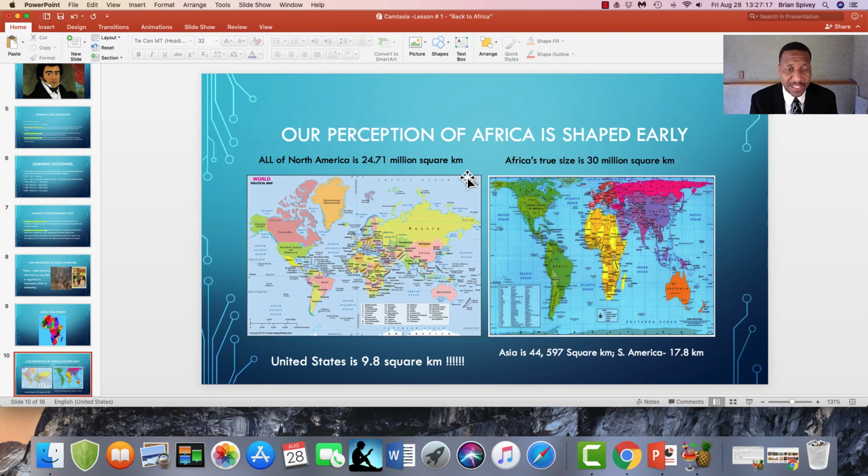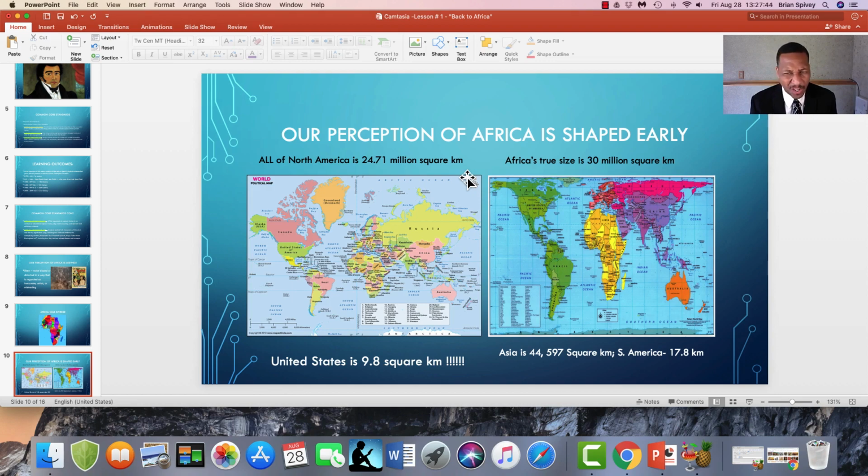Actually, yes it is. But if you look at the map on the left, the United States looks almost as big as Africa. And the United States is 9.8 million square kilometers. Take a look at 9.8 and compare it to 30 million.